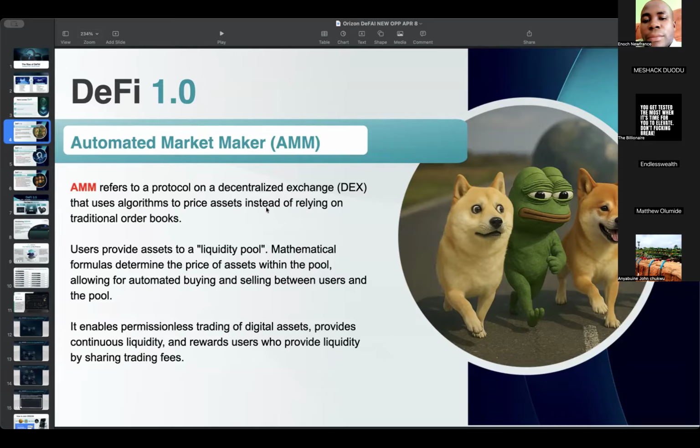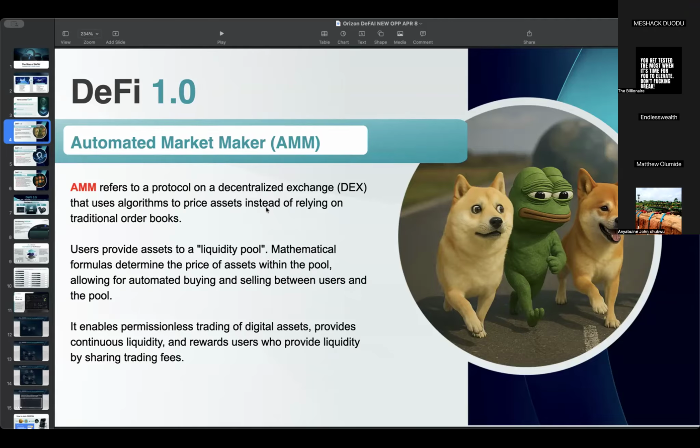That is the technology that sets the price of tokens automatically on the blockchain. So whether it's a coin or a token, this automated market maker sets the price automatically. Once someone creates a token, part of what you provide when you're creating a token is money in something called a liquidity pool.